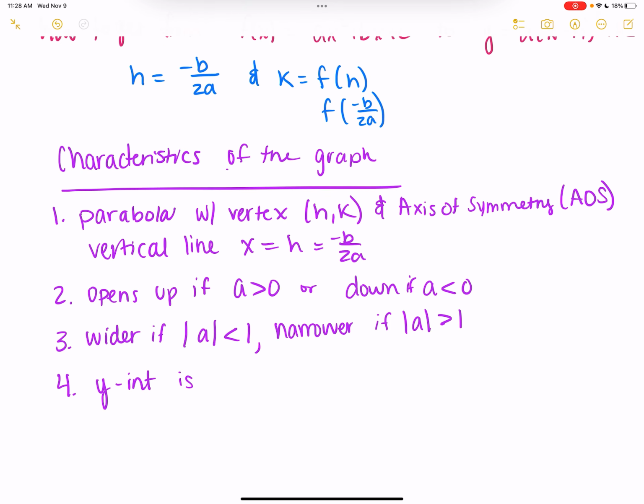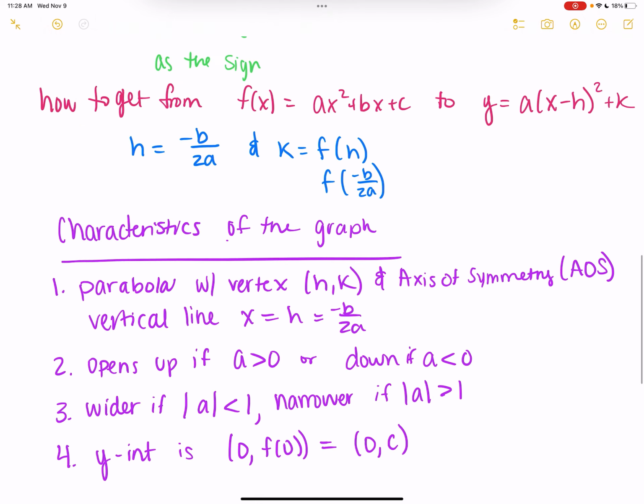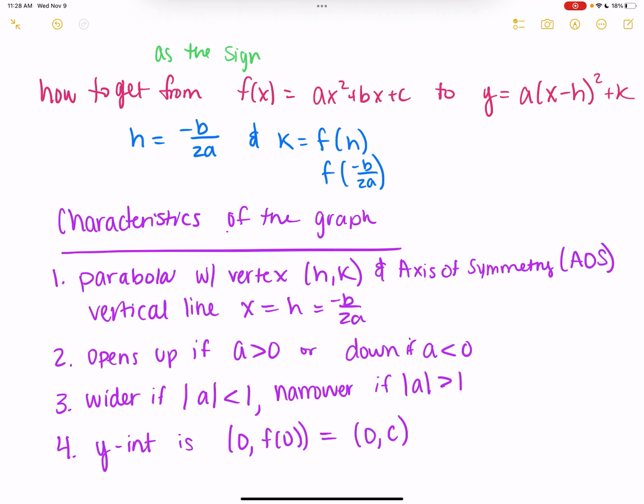The y-intercept is 0 and f of 0, or 0 and c. Well, let me rephrase. We do know what it is if you have standard form, because if you plug in 0 for x, those first two terms go away and you're just left with c. So that's how you would find it.